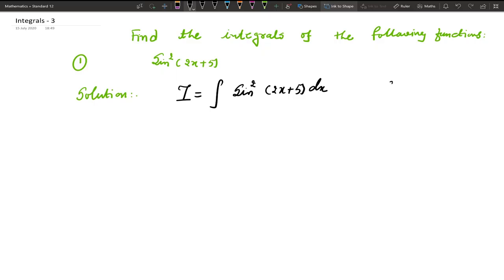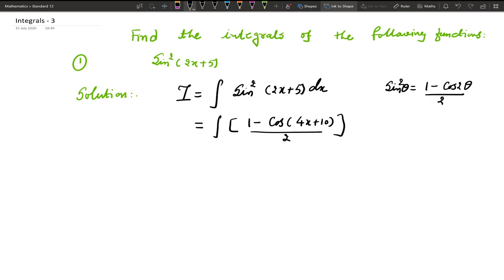So we use this basic formula: sine square theta equals (1 minus cos 2 theta) by 2. We have already discussed this. So (1 minus cos 2 into (2x plus 5), so cos (4x plus 10)) upon 2, dx.